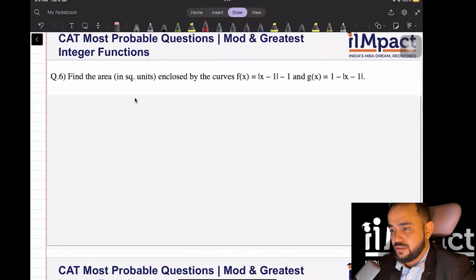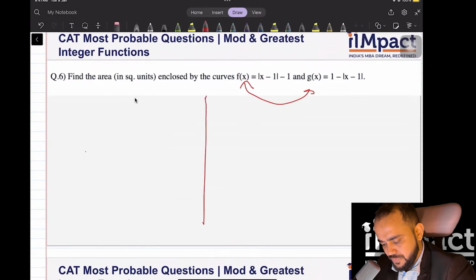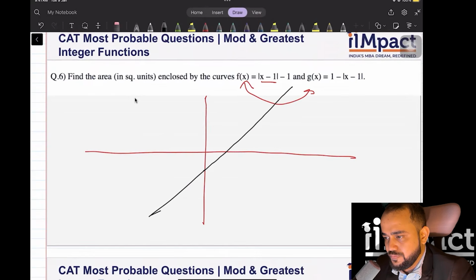Let us proceed further. Area of the graph enclosed by curves f(x) and g(x). One observation immediately is that f(x) and g(x) are negative of each other. So I'll just make one and flip it across the x-axis to find the other one. I only need to draw the graph for f(x). First let's start with x minus 1. So y is equal to x minus 1 would have looked something like this, at x is equal to 0, an intercept of minus 1 and a positive slope.